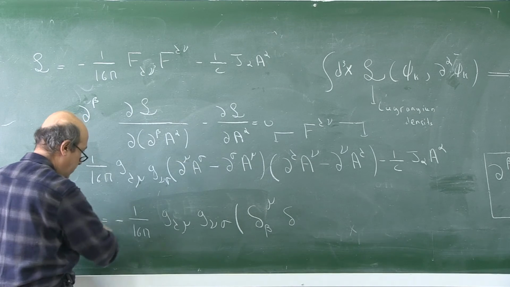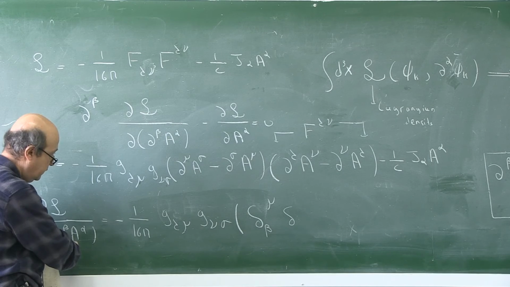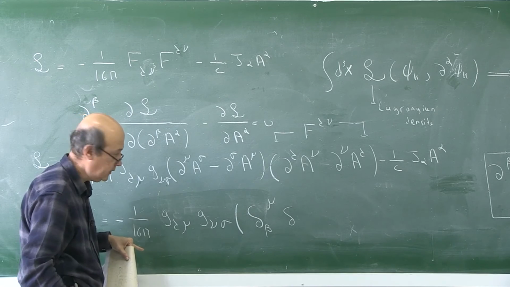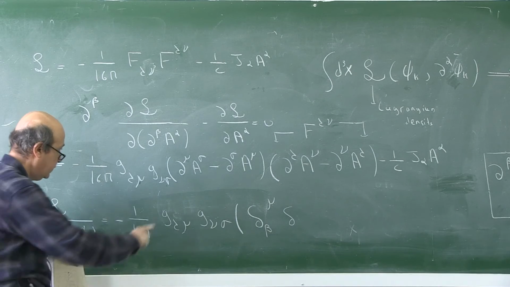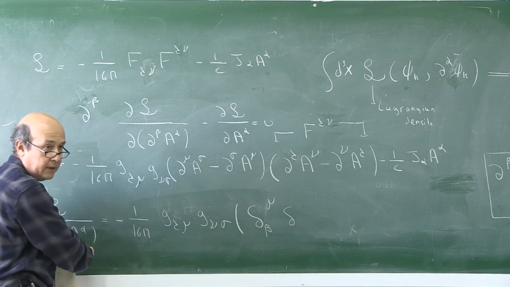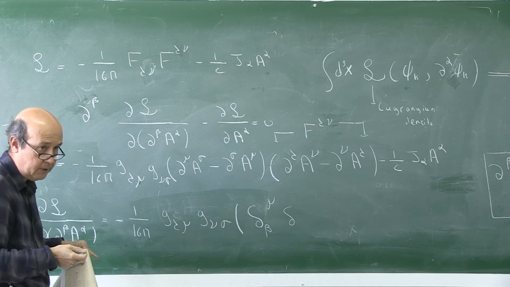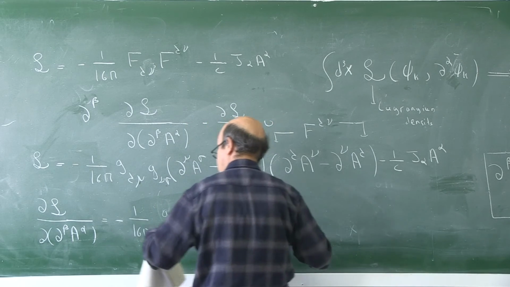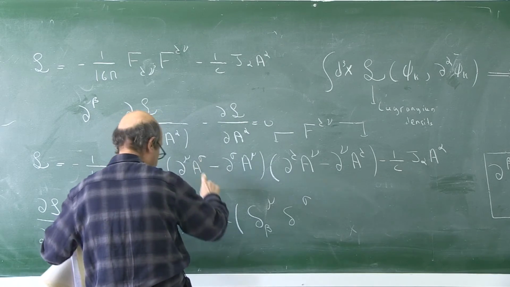So if mu and beta are not equal, that is 0. If they are equal, that is 1. I express this as the Kronecker delta mu beta. What will the other one be? Sigma and alpha. If sigma and alpha are different, that will be 0, otherwise 1. So then you can write the other piece as the Kronecker delta sigma alpha.